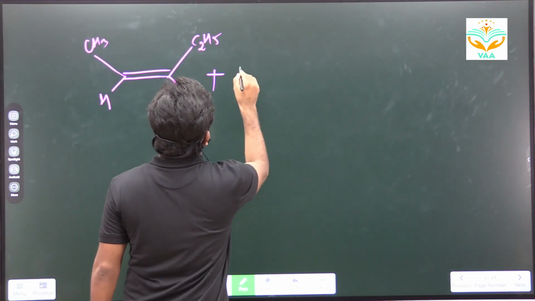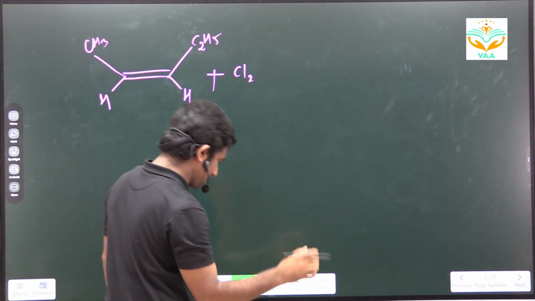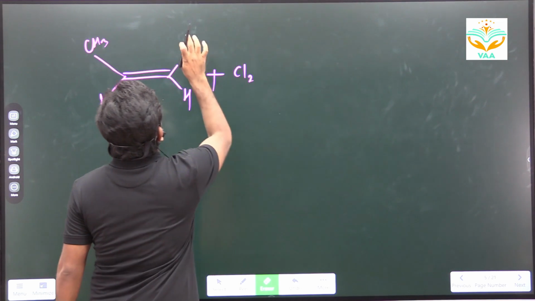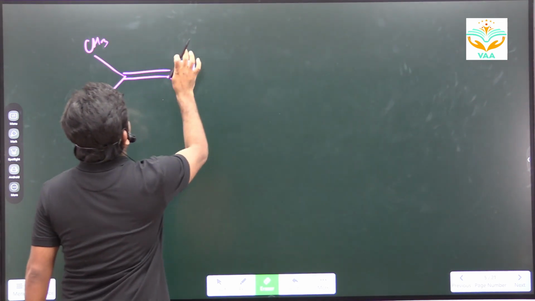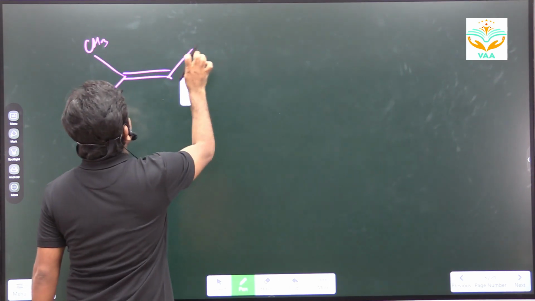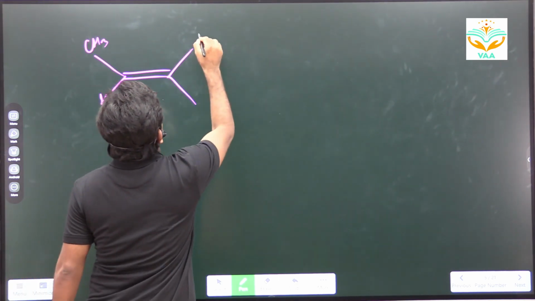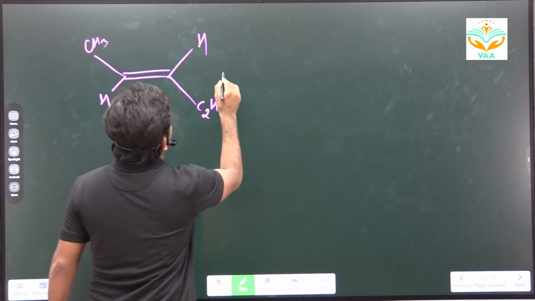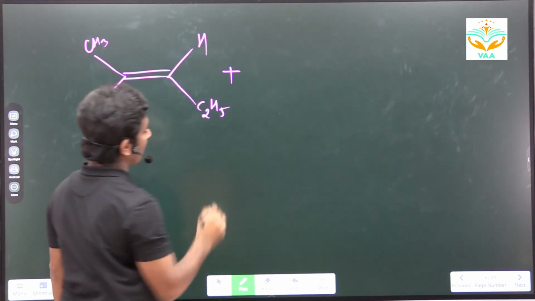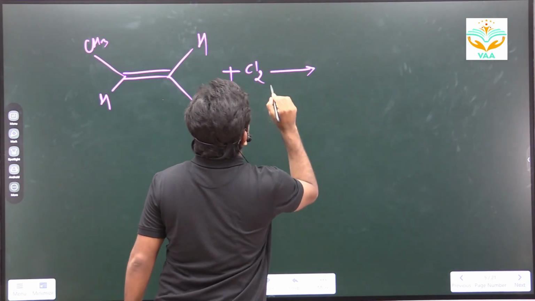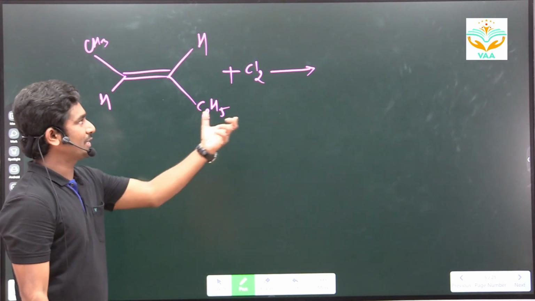If you add Cl2, if you take trans alkene, hydrogen, and here C2H5, and add Cl2 gas, what will you get in the presence of solvent? Tell me, find out quickly.